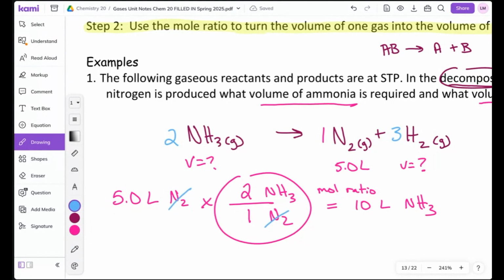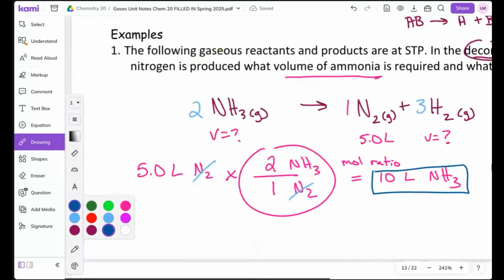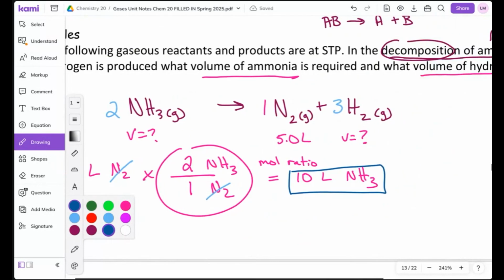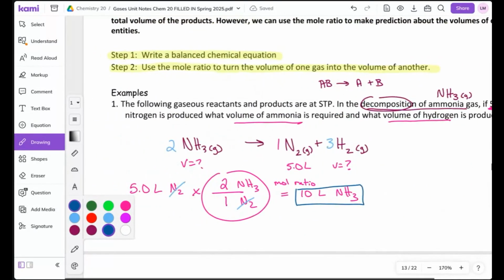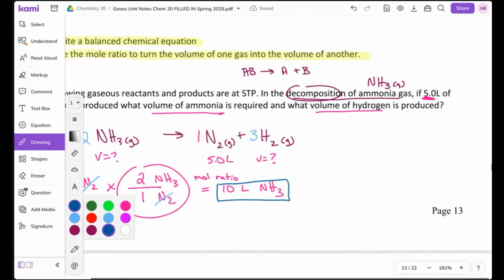Okay, and what I've gone ahead and done is I've already put this in the correct amount of sigdigs, because 5 liters, that's 2 sigdigs, 10 liters, that's also 2 sigdigs. So that's done. And now we can move on to hydrogen, which I might have to write over here.